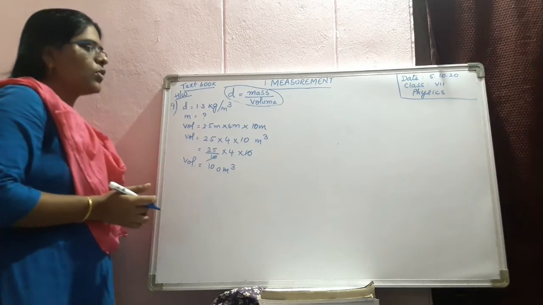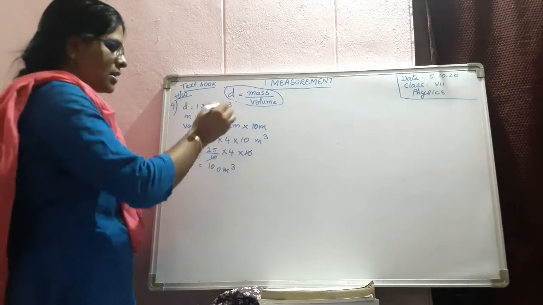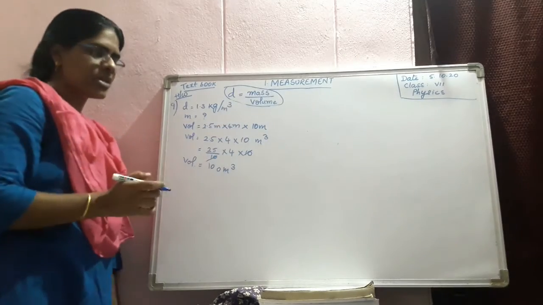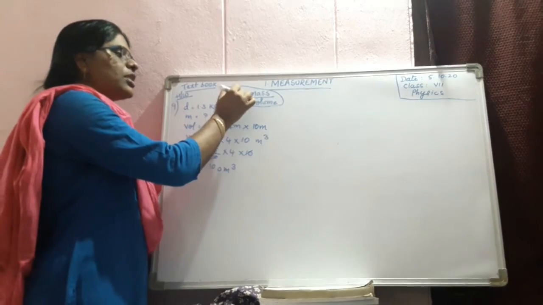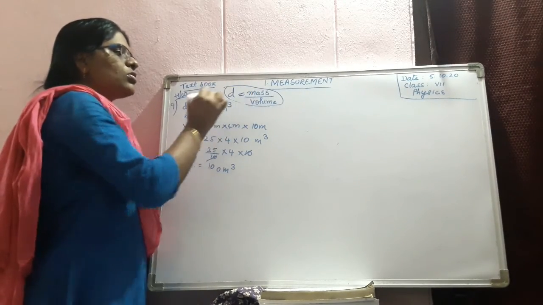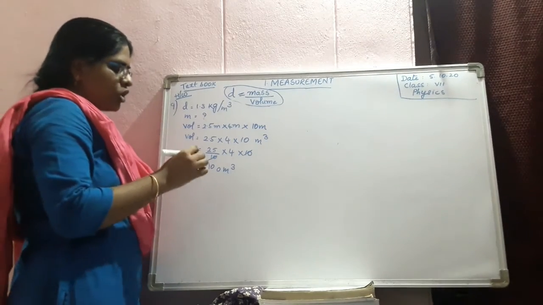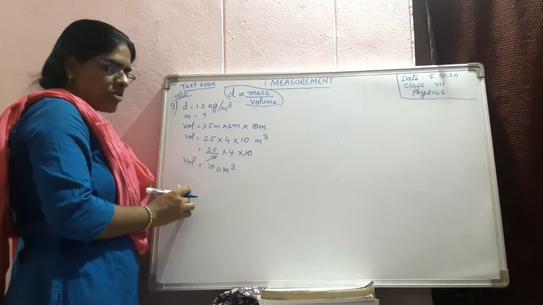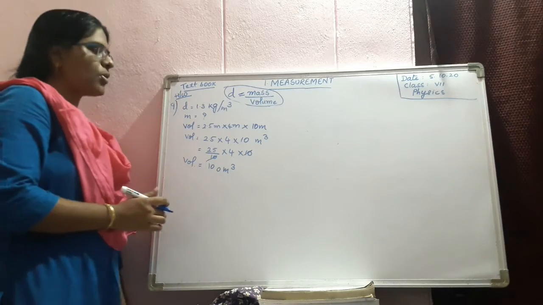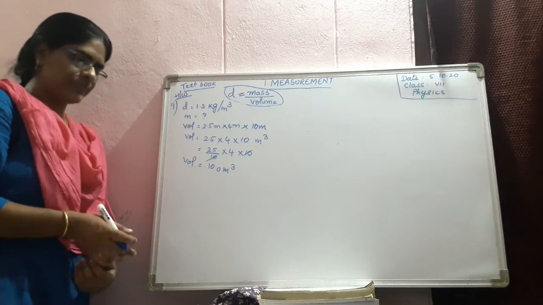Now we need to find mass. Substitute all these values in the formula, density equals mass by volume, and we will get the answer. Try to solve this problem for homework, children.